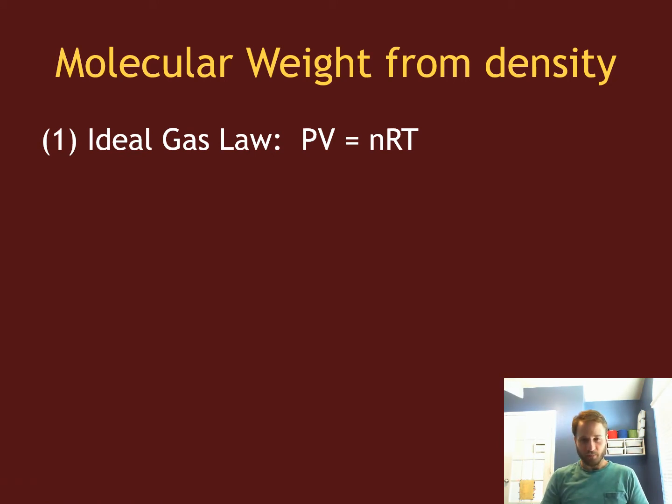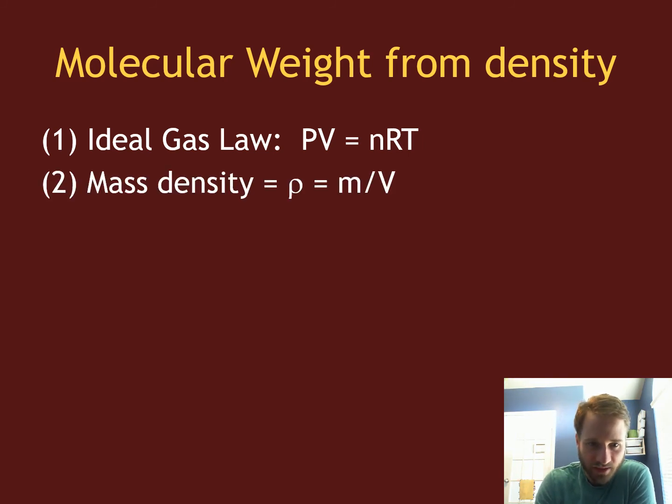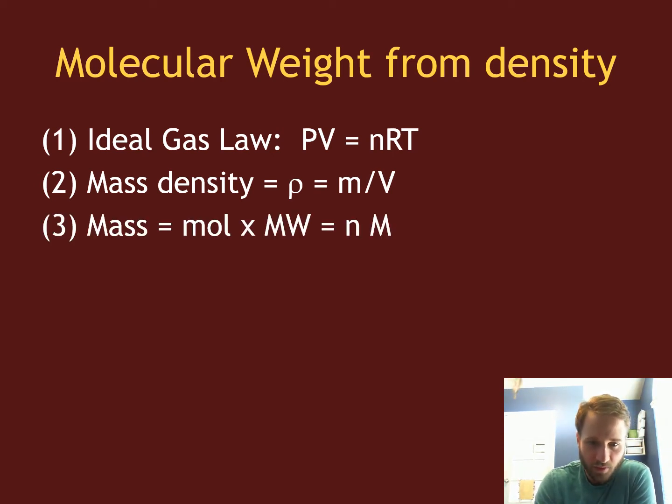Just kind of a review here of how we can use the ideal gas law to get molecular weight from density. If we start with our ideal gas law, we use the fact that the density, rho, is equal to mass divided by volume, and the fact that the mass is just equal to the molecular weight, which I'm using as capital M here, times the number of moles.